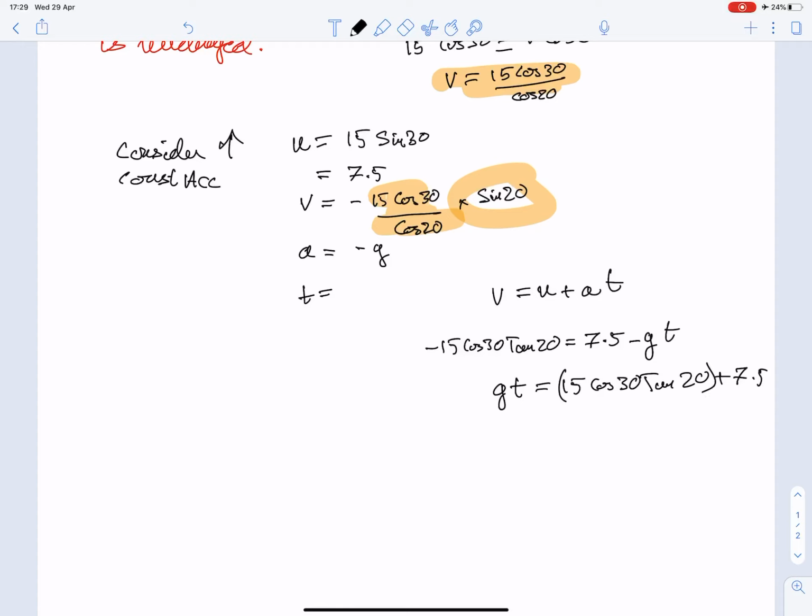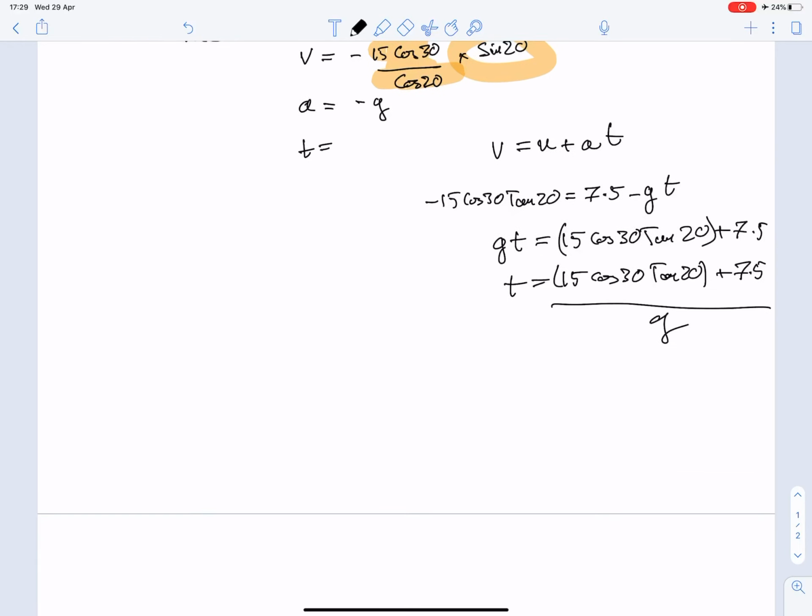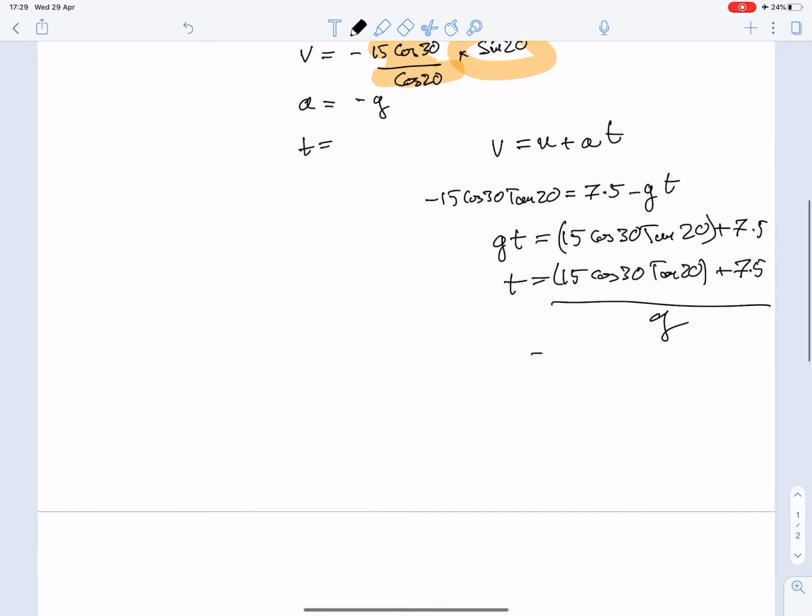That's in a bracket, remember. So t equals 15 cos 30 tan of 20 plus 7.5 all over g. Tap that in a calculator, and that's going to come out, I hope, to be around 1.25.